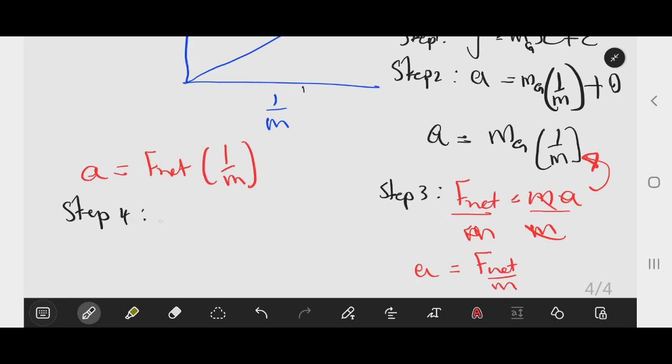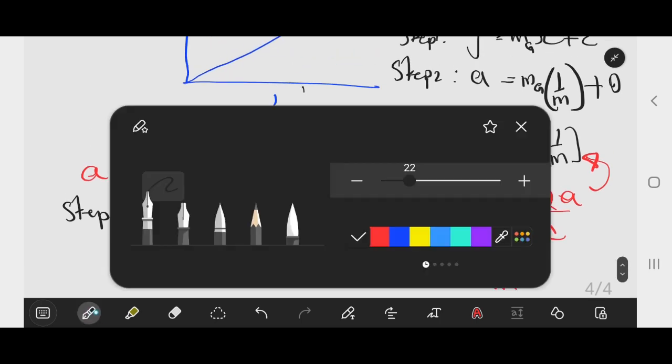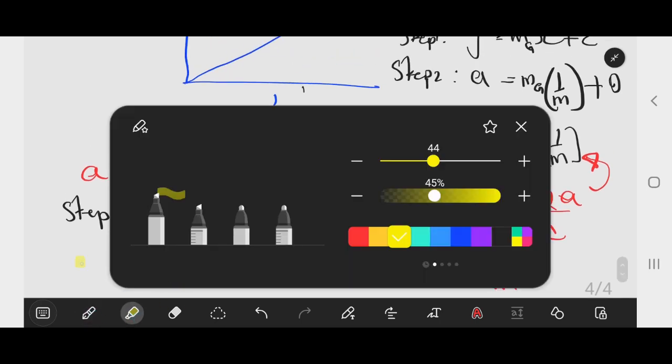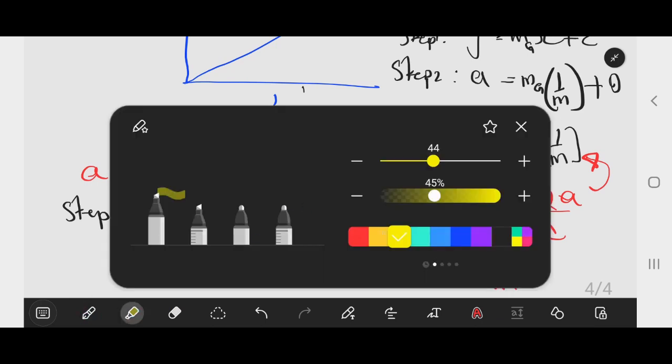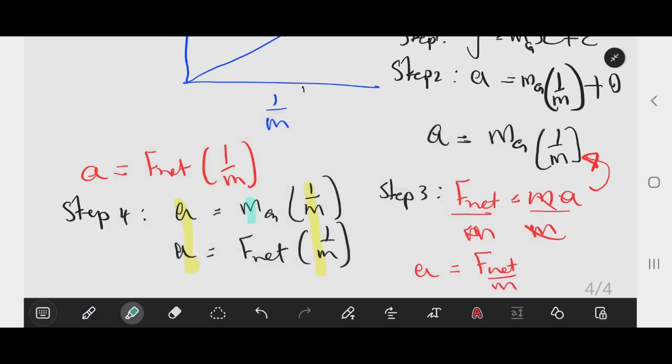And then step number 4, we compare. In step number 2, we have acceleration equal to the gradient times 1 over m, and in step number 3, we have acceleration equal to the net force times 1 over m. So if we compare, we have our acceleration, we have our 1 over mass, and now the gradient represents the net force.